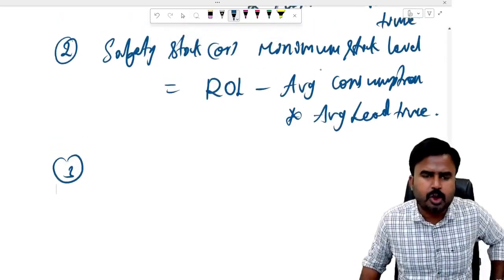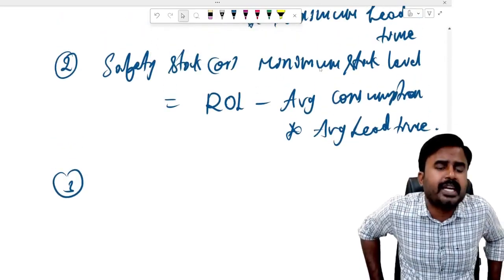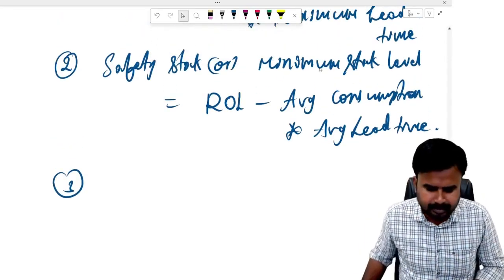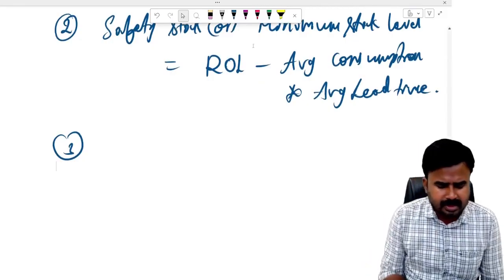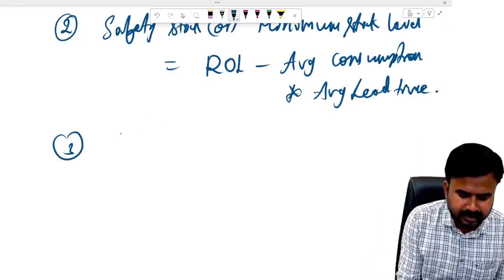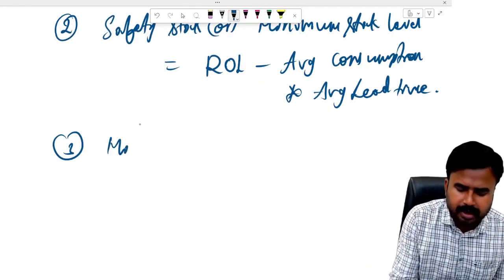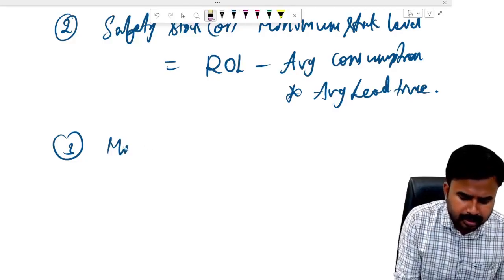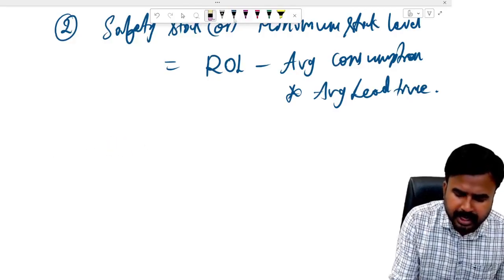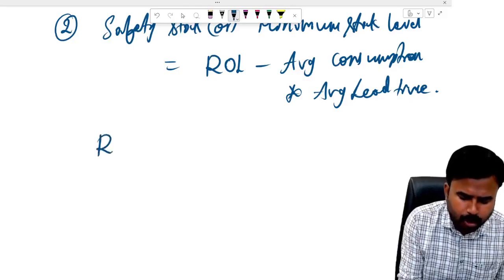Safety stock or minimum stock level is the minimum stock which is to be maintained by every firm at any point of time. From this formula, you can define one more formula for reorder level.